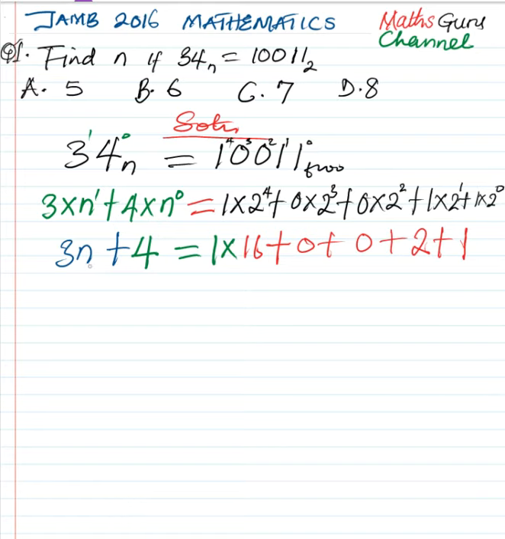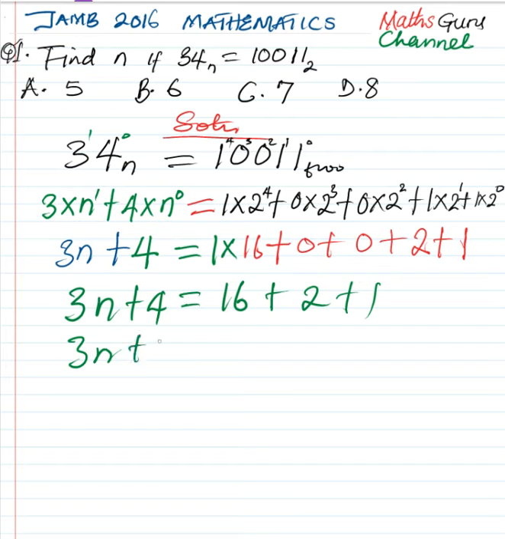Alright. We have 3n plus 4 equal to 1 times 16, 16 plus 0 plus 0 plus 2 plus 1. So we have 3n plus 4 equal to 16 plus 2 is 18 plus 1 is 19.